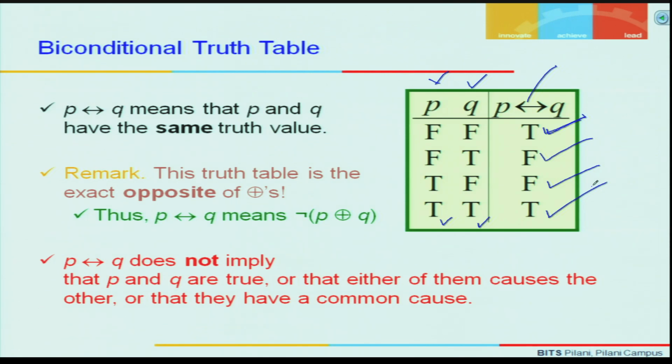And similarly, when we say P implies Q, we said that it does not mean that P is true or Q is true, or that P causes Q. It does not mean that. In certain situations, if we know the truth value of P and we know the truth value of P implies Q, then I can conclude about the truth value of Q. That is known in one case. In other cases, we can't even conclude that.